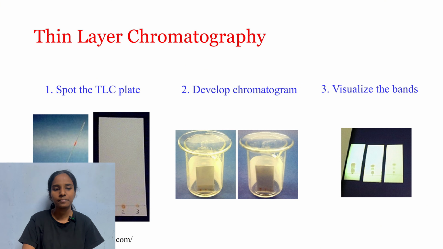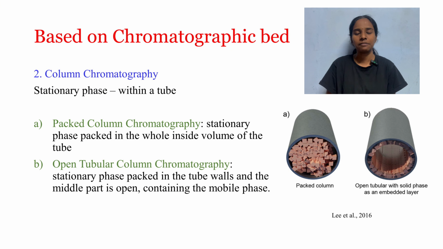The next type of chromatography based on the chromatographic bed is column chromatography, and as the name indicates, a column means a thin cylindrical tube, and the stationary phase in this chromatography is filled within this cylindrical tube. The stationary phase can fill the entire region of the column or the tube.